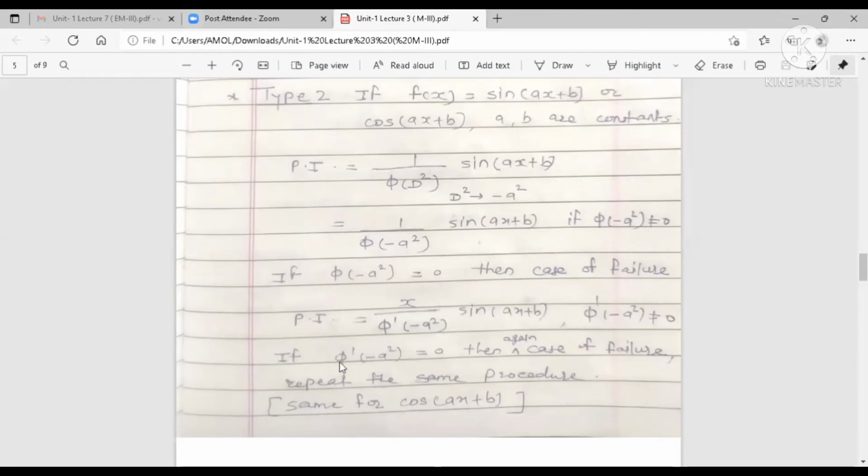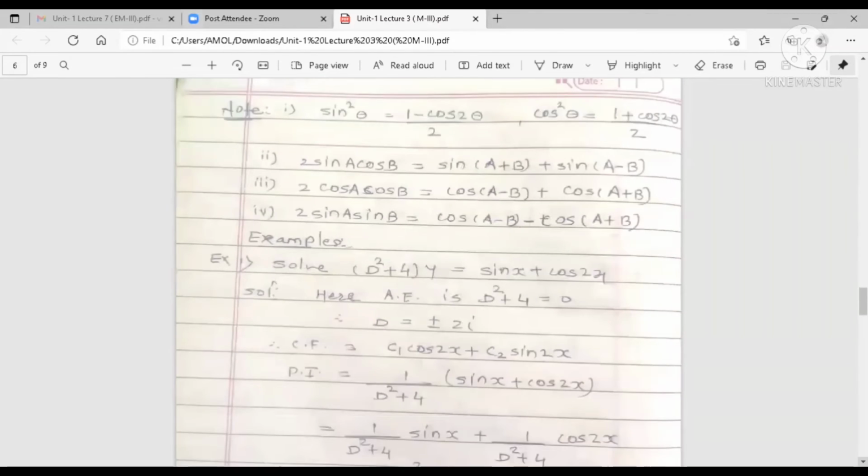If phi dash of minus a square is equal to 0, then again it is the case of failure, and then you repeat the same procedure. The same result formulas are there for the cos function also, cos of (ax plus b). In the cos function also, we have to replace the terms of D square by minus a square, and in the same way, we find the PI for the cos function.